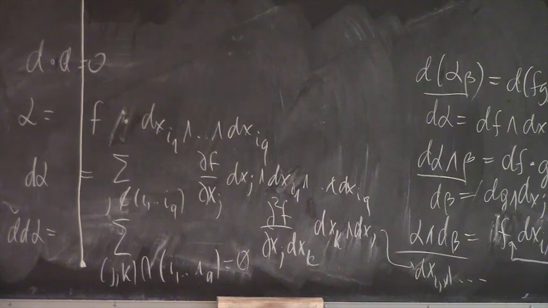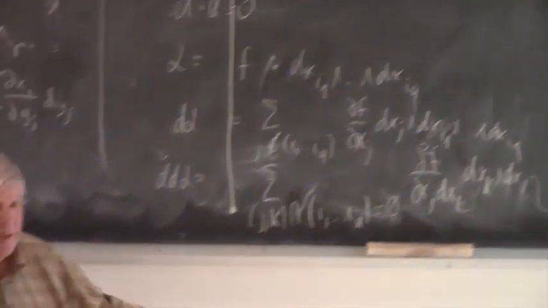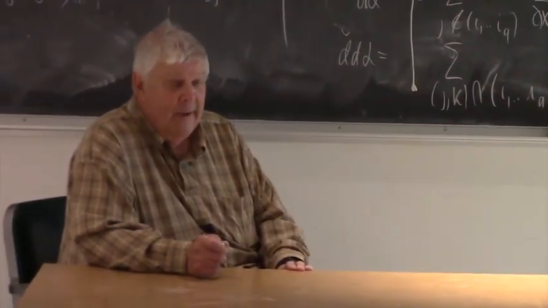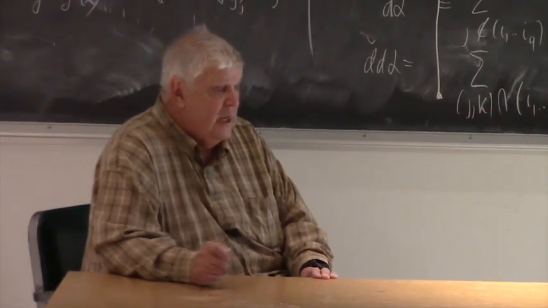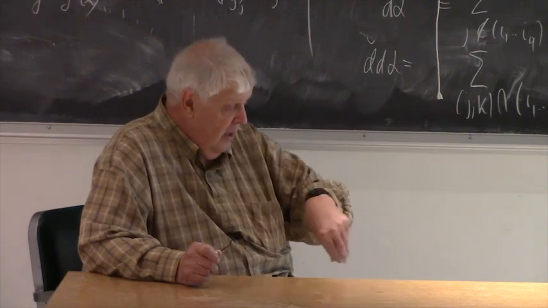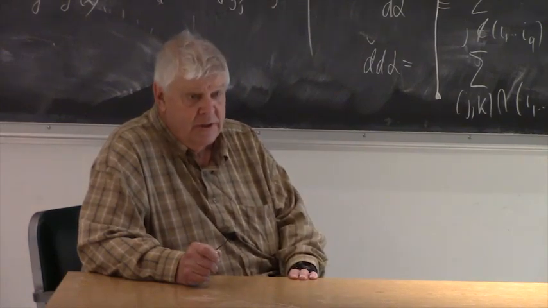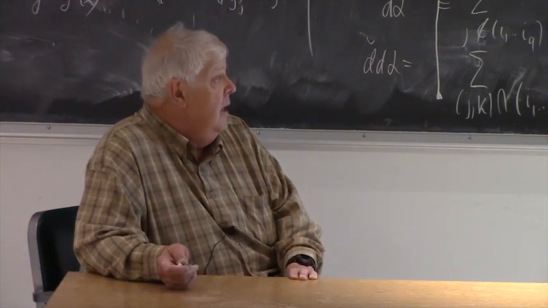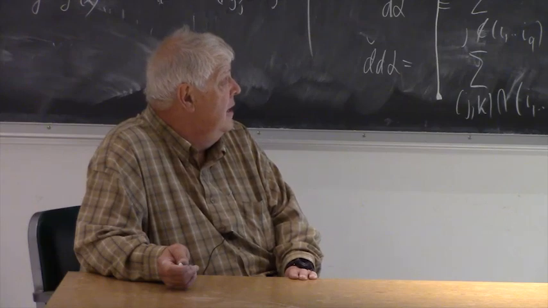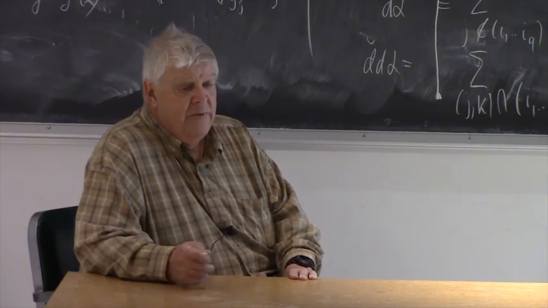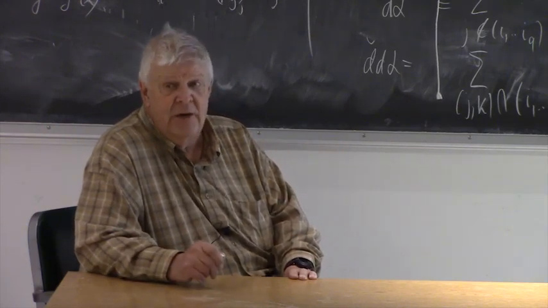And then these two, dx_k dx_j in one case and dx_j dx_k in the second case, cancel each other, because one is equal to negative the other, which shows that dd is 0. So this is how the whole construction holds. So we have this differential. And I want to mention very briefly, but it is given in all details in my notes.